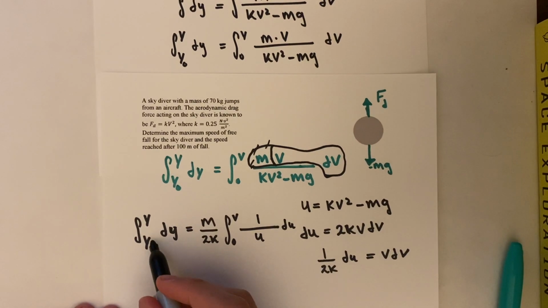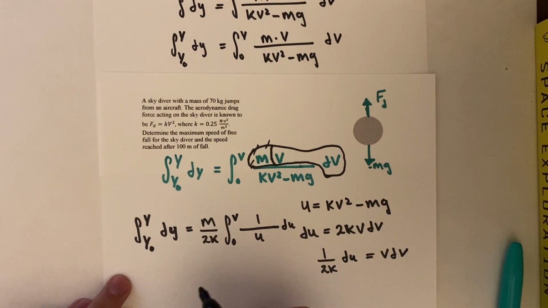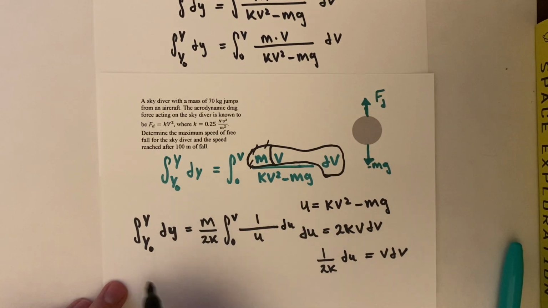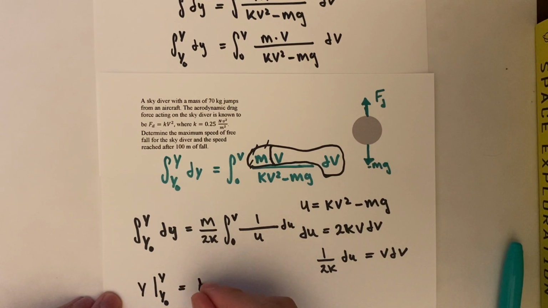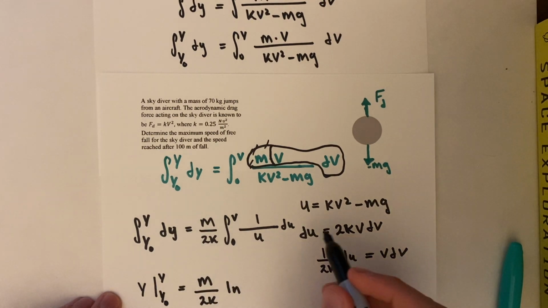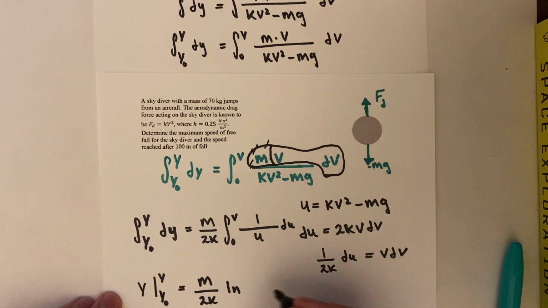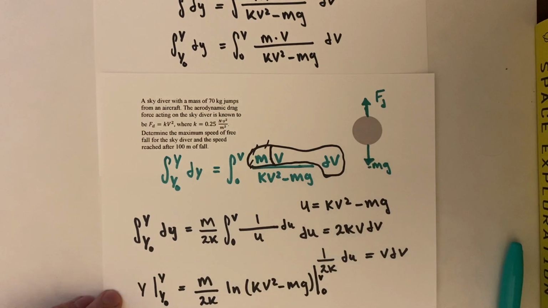And the integral of 1 dy is just y. So on the left side of the equation we'd get y from y naught to y, which is equal to m over 2k times the natural log. I'm going to substitute back the u, which we had as kv squared minus mg, from 0 to v.